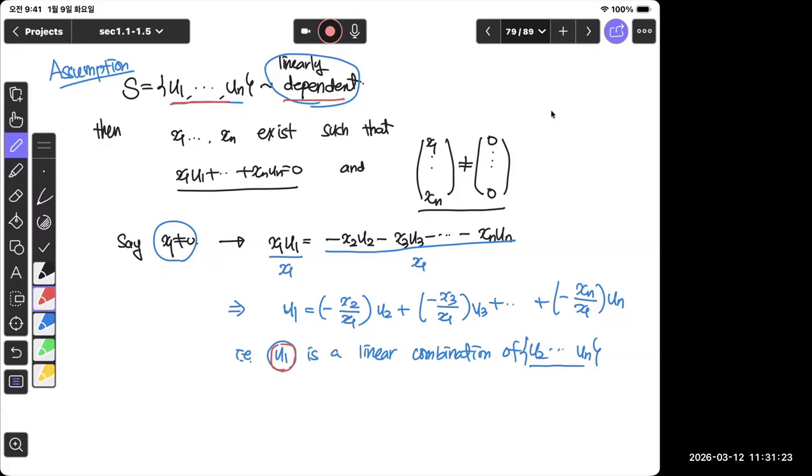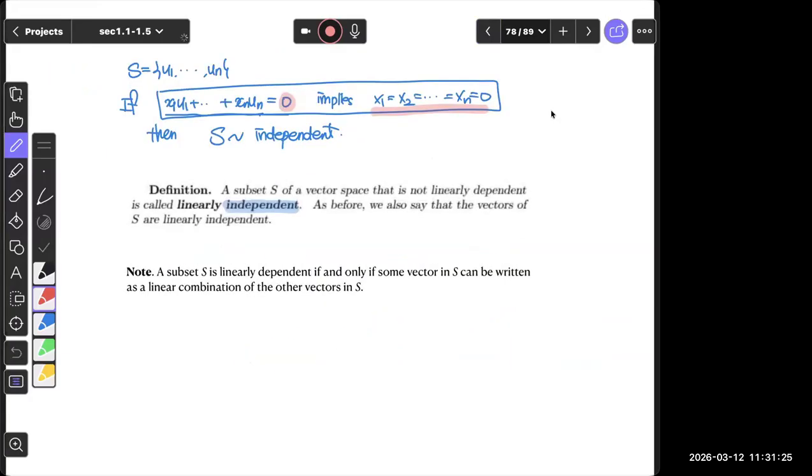So in conclusion, we have the following. S is linearly dependent if and only if some vector in S can be written as a linear combination of the other vectors. Here I said some vector, not every vector.